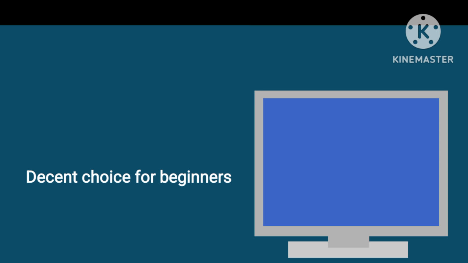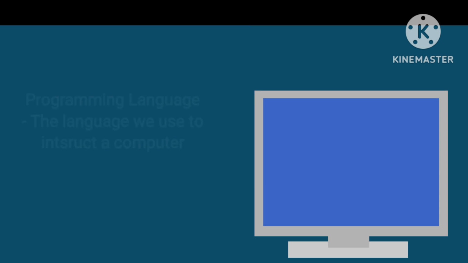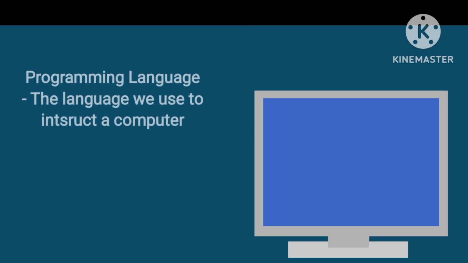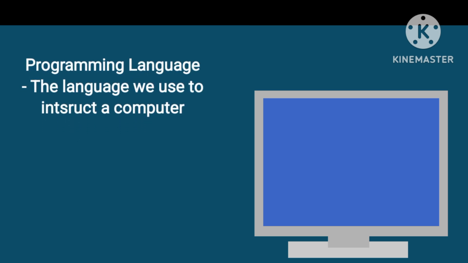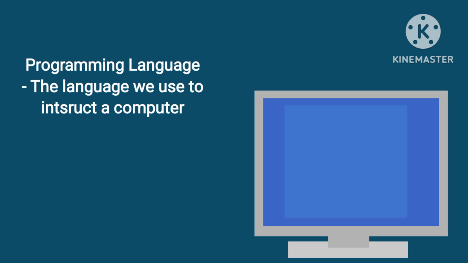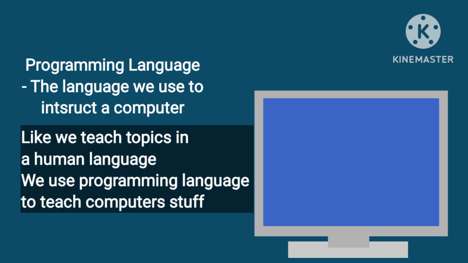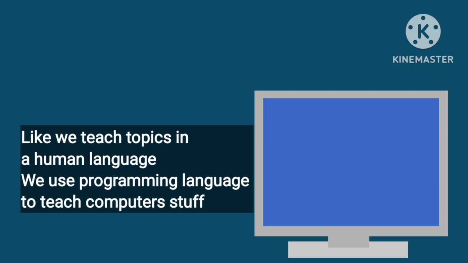For those who are completely new to this, let me make it very simple for you. A programming language is the language which we use to instruct computers about what we want them to do. For example, if I want to teach a person something, I might instruct them in English or any other language that the person is able to understand.